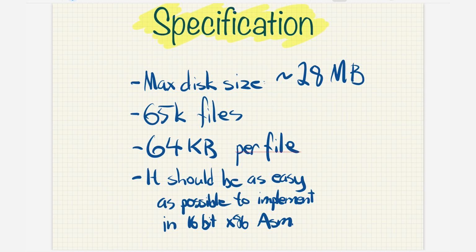And I thought long and hard about what I'm going to base this file system on, because I want to have some kind of regular file system as a template. I was considering FAT12, but it has like 15 different constants, and I don't want that in my code. I want it to be as easy as possible to implement, and I want the code to be clean.